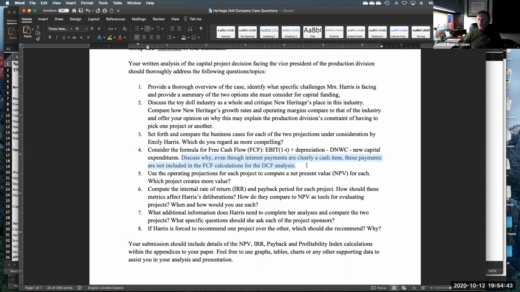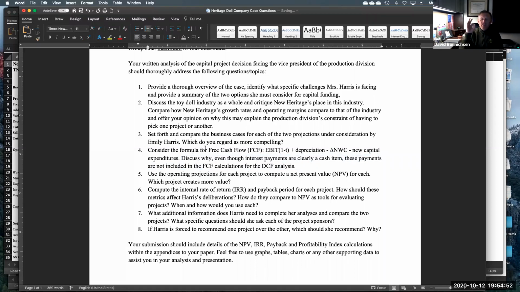But I want you to give some thought to why we do not include the interest payment in the calculation for free cash flow. Because clearly it's a cash item. Clearly we have to use some of our cash to pay the interest on the debt that we've got. There's no doubt about that. But why? Think about what we are using the free cash flow for.